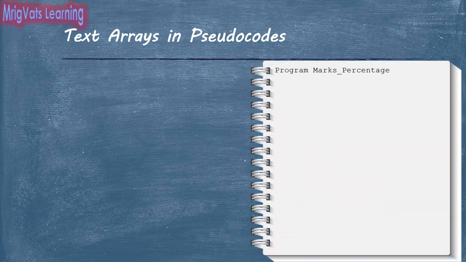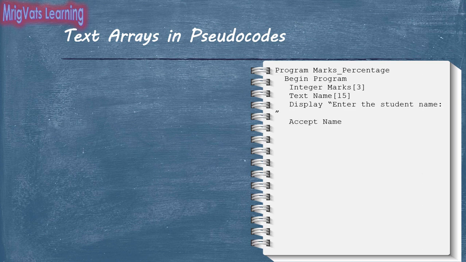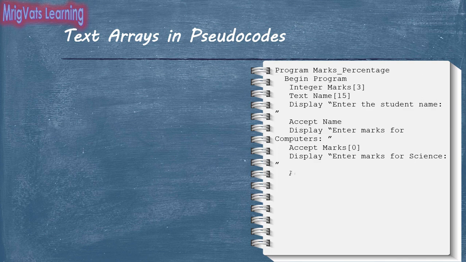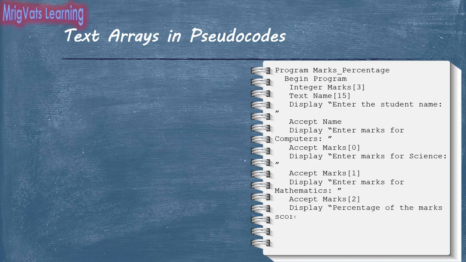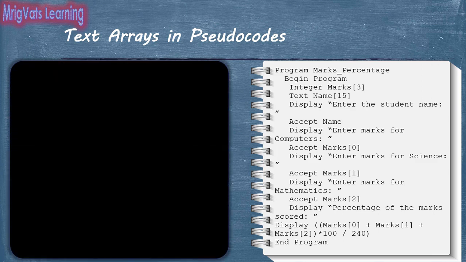Program marks percentage, begin program, integer marks 3, text name 15, display enter the student name, accept name, display enter marks for computers, accept marks 0, display enter marks for science, accept marks 1, display enter marks for mathematics, accept marks 2, display percentage of marks scored, display marks 0 plus marks 1 plus marks 2 multiplied by 100 divided by 240. End program. Let us now summon our virtual memory board and evaluate the program with a dry run.